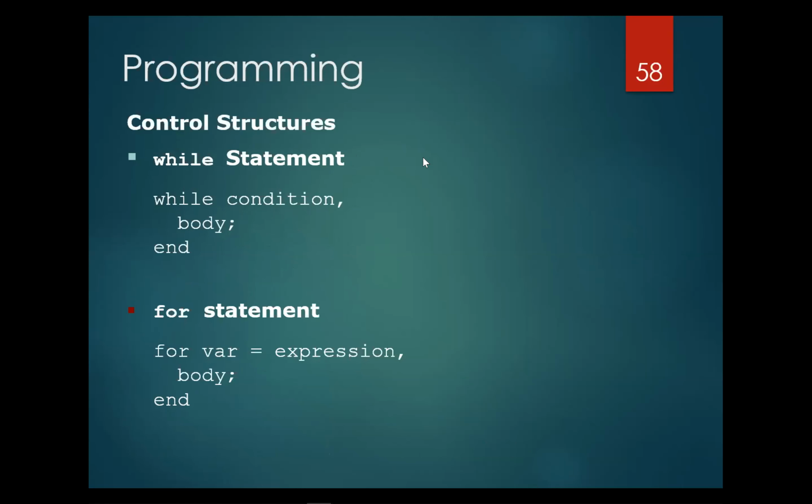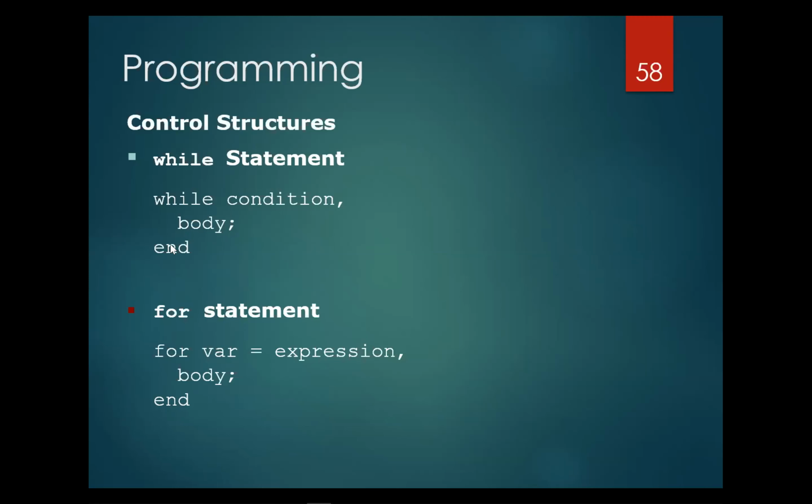The next one is the looping, iteration, or repetition. They are the same. The first we are looking at is the while statement. So this is how the syntax looks. While condition, execute the statement or the body, end.